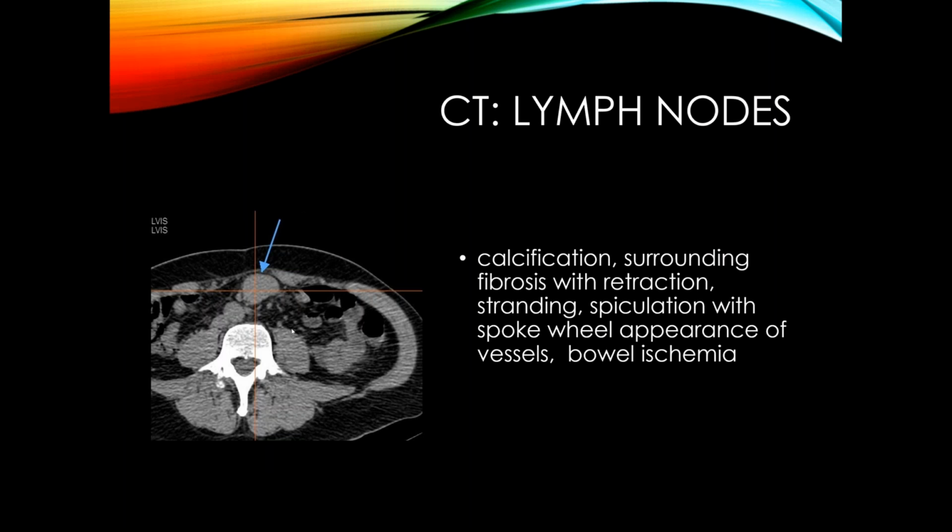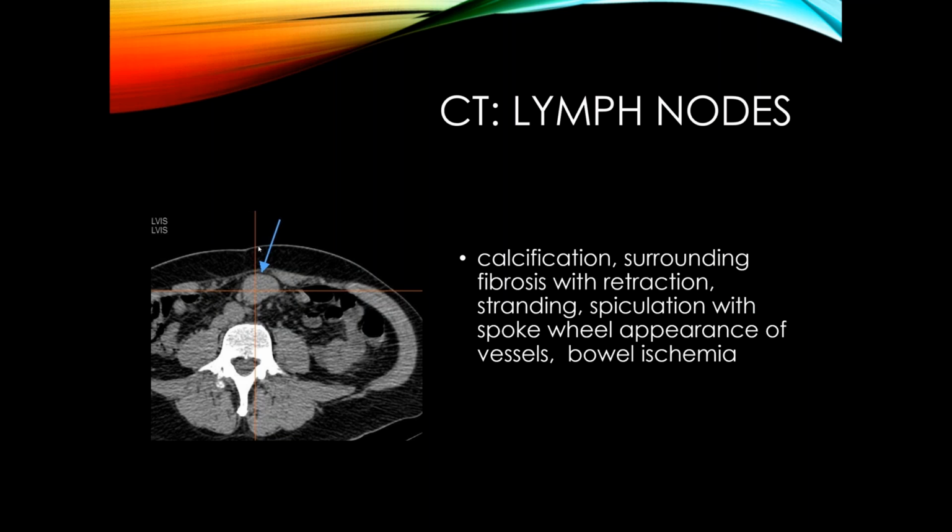And of course, lymph nodes. So the tumors spread to the nearby lymph nodes and can sometimes involve the vessels and cause ischemia to the bowel. So this is important to pick up, as well as to know where the metastatic burden is.